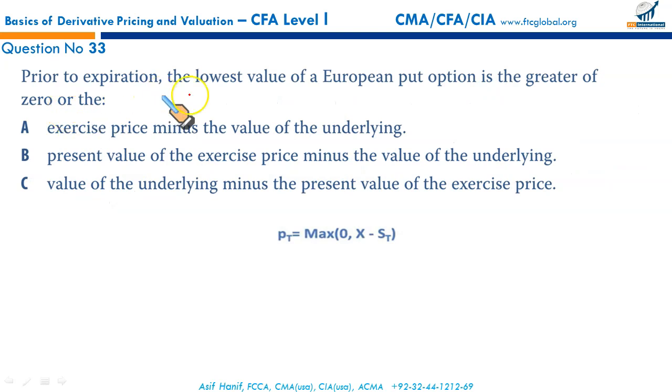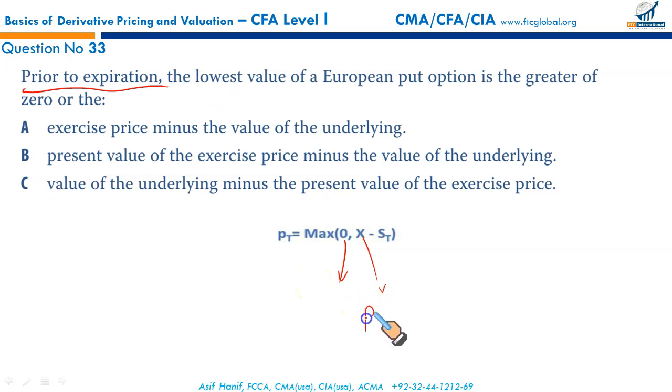Prior to expiration, the lowest value of a European put option is the greater of 0, right, or the present value, not the exercise price, because we are prior to expiration. We are at the point that is prior to expiration.